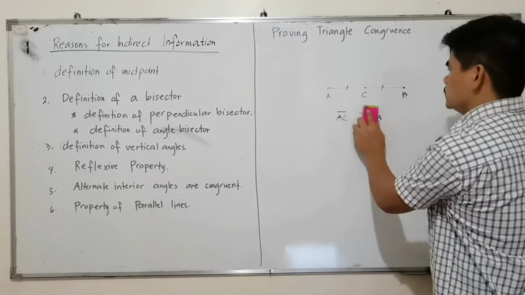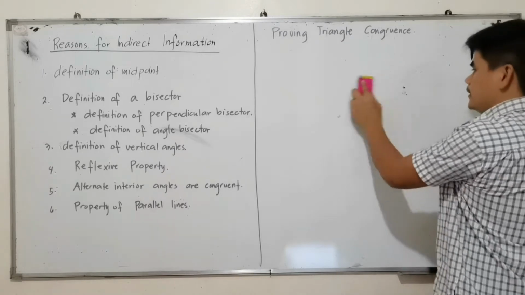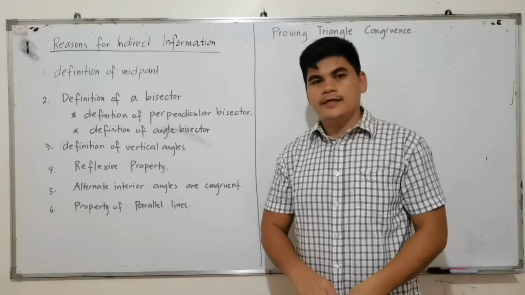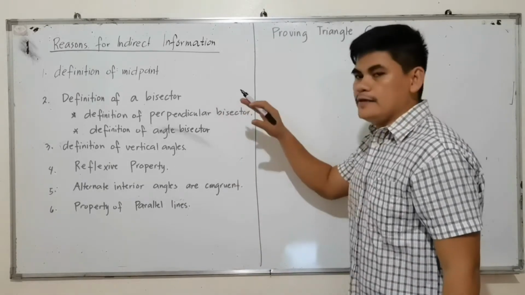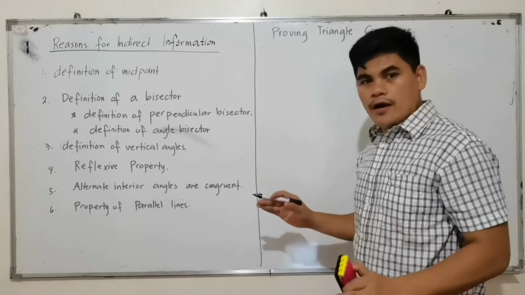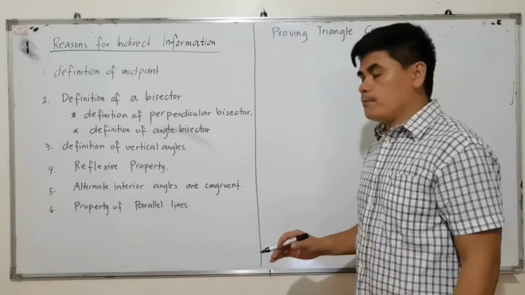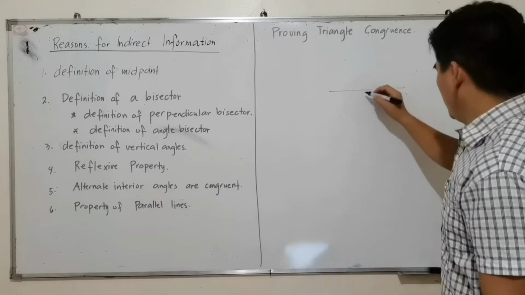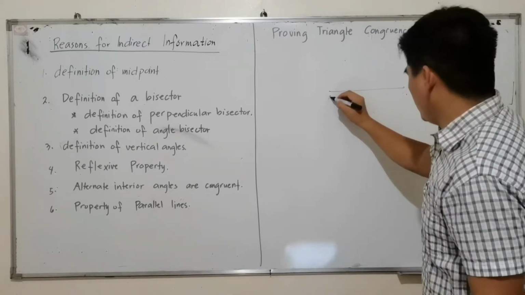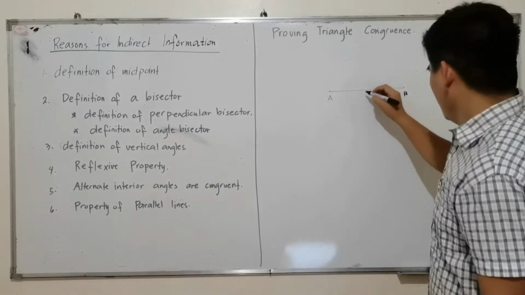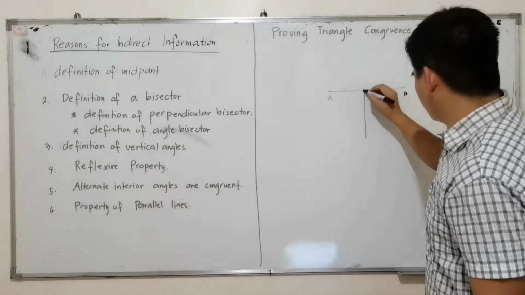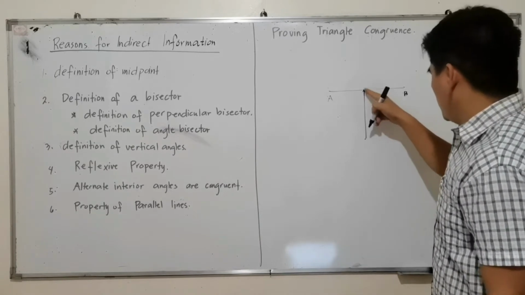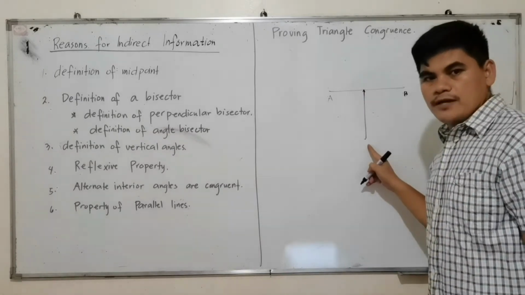Let's proceed to number 2. Definition of bisector, from the word bisect. A bisector divides a part into two equal parts. For example, if we have this line, which we name AB, and there is a line bisector, we call this a perpendicular bisector.